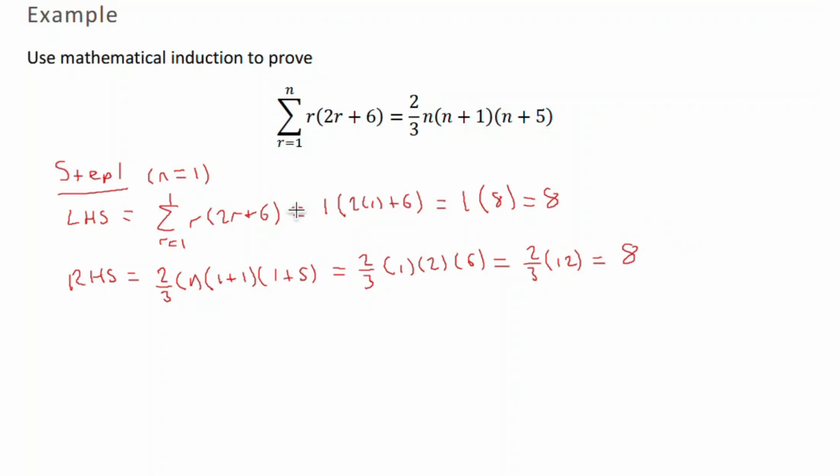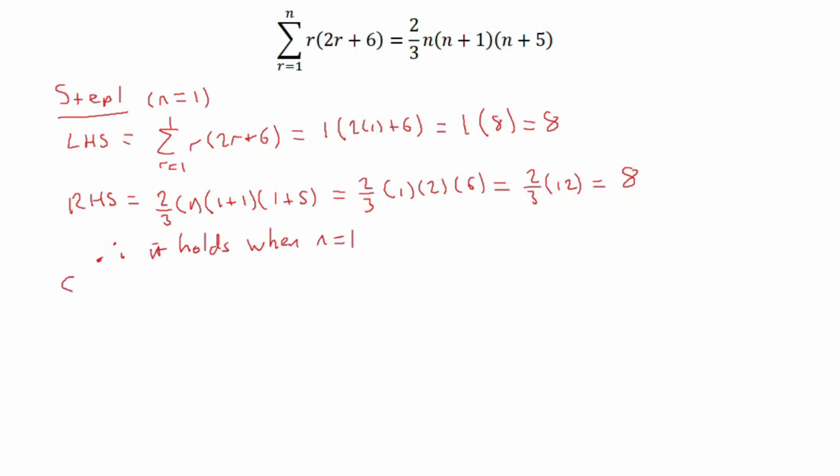So we have shown that the left-hand side is equal to 8 and the right-hand side is equal to 8 when n is equal to 1. So that means our base case holds. That means the statement is true when n is equal to 1.